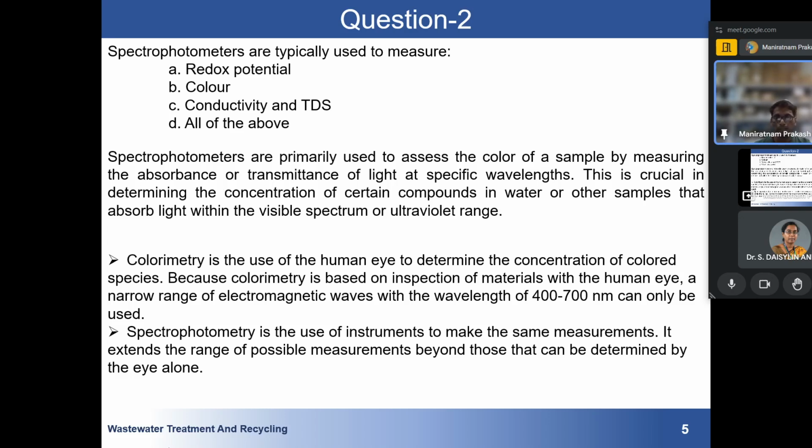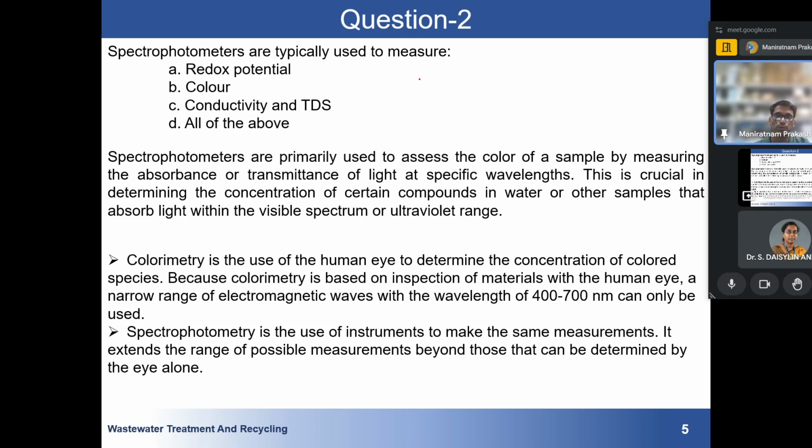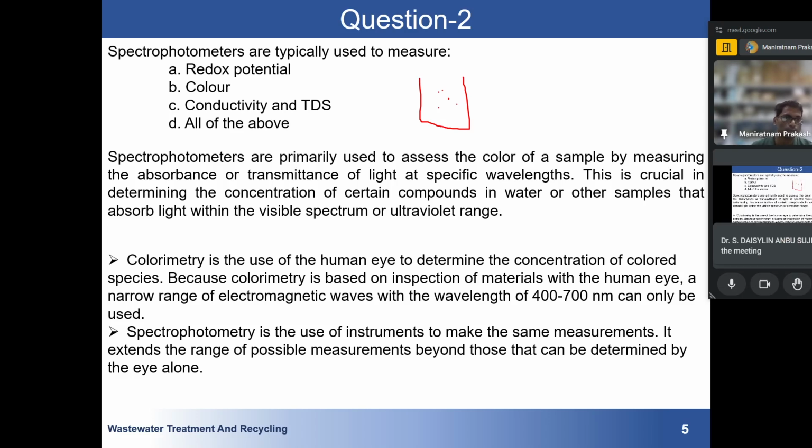So suppose this is our water sample, and generally, if we look at the procedure of this spectrophotometer, suppose this is our solution, we add some kind of chemical to it, and it gives us some color.